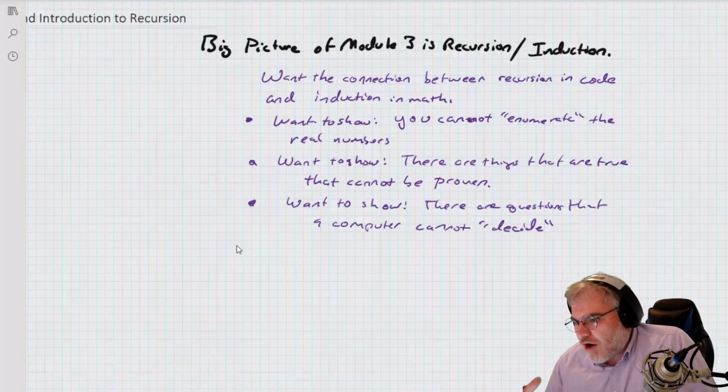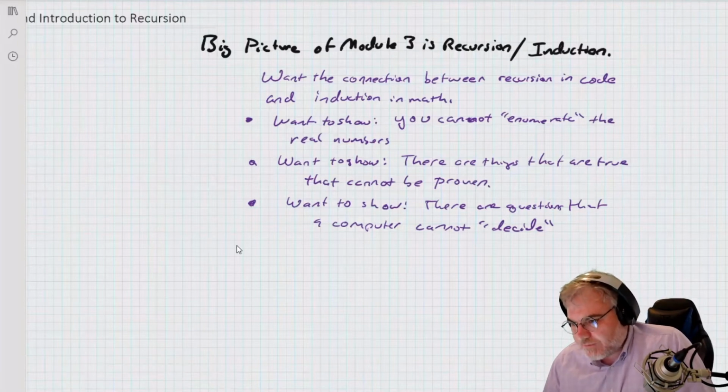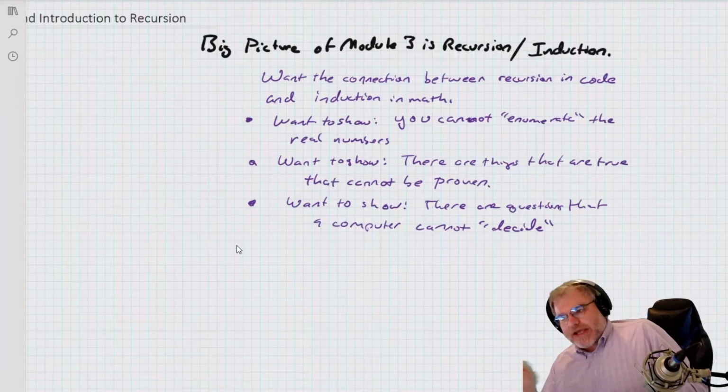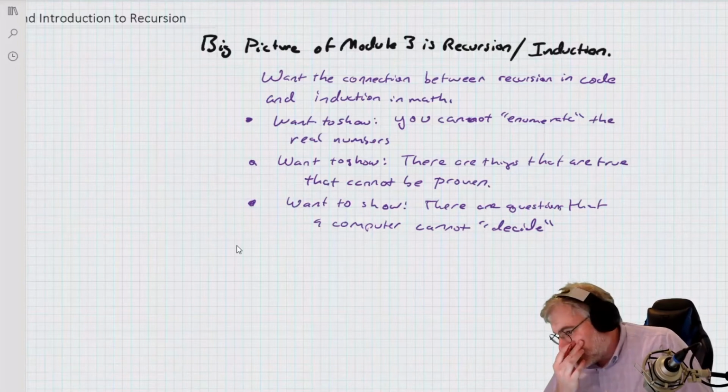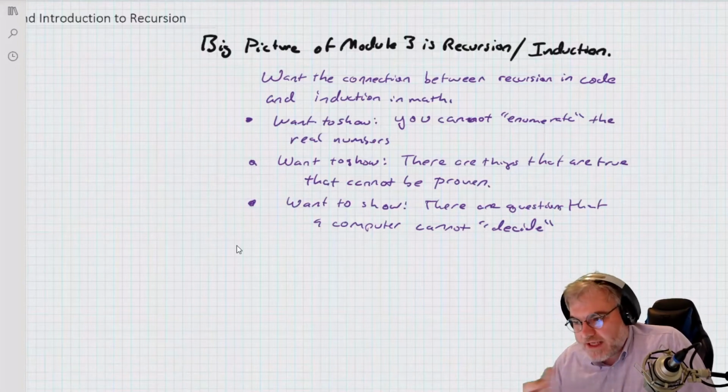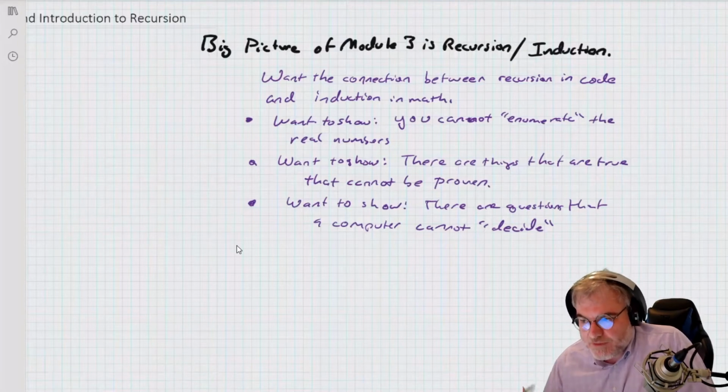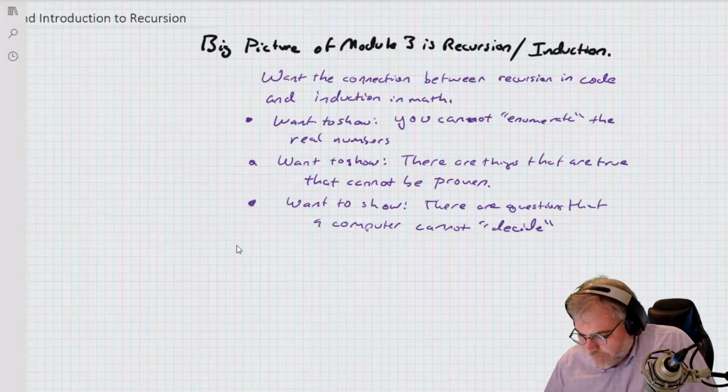I can't write an algorithm to find out if my computer is stuck in a loop. I can write ones that say, ping it, and if it's not back in 20 seconds, we'll assume it's stuck in a loop for infinity. But that's not actually deciding whether or not it's stuck in a loop. It's just saying 20 seconds was long enough.